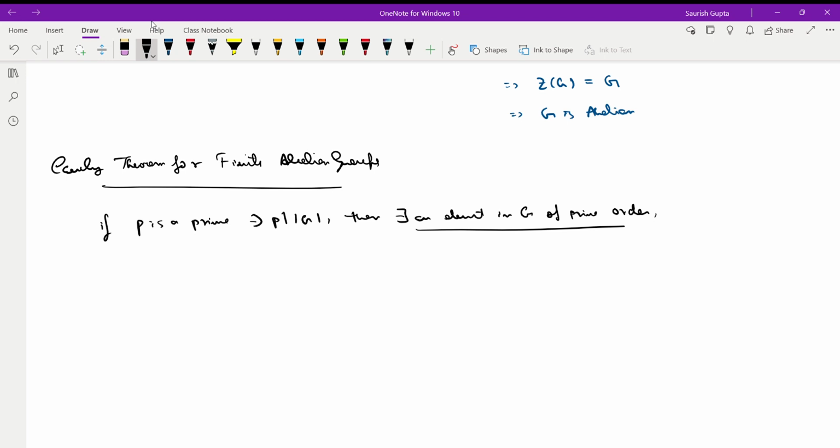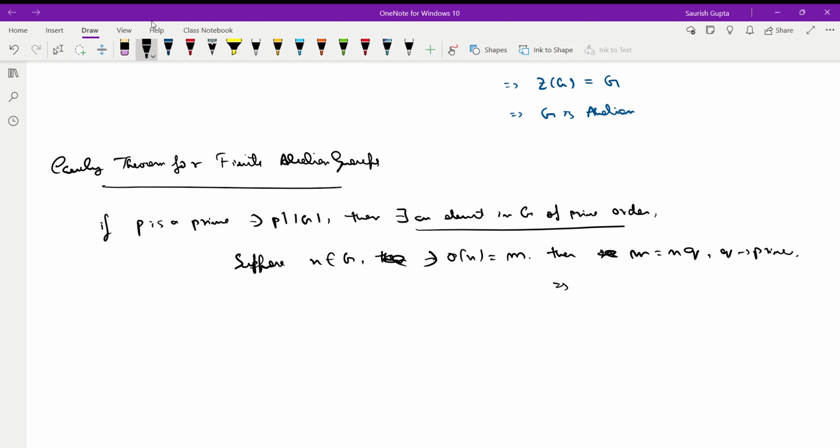The reason is, suppose X is in G such that the order of X is M. Then M can be written as N times Q, where Q is a prime. This comes from the factorization of integers.